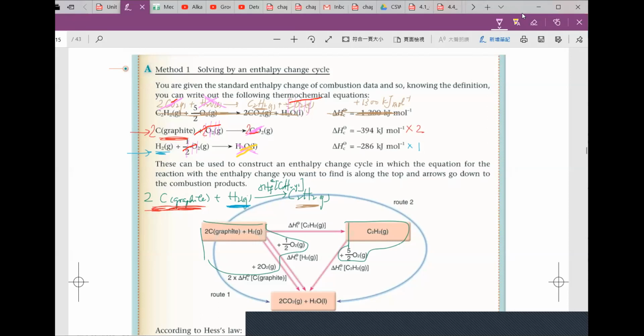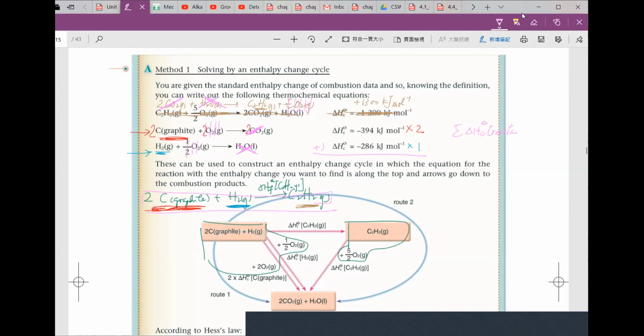Afterward, you add the sum of the three, and you can get the same equation as written. How about these 2? These 2 are just the reactants. It is the sum of the delta H of combustion of the reactants.